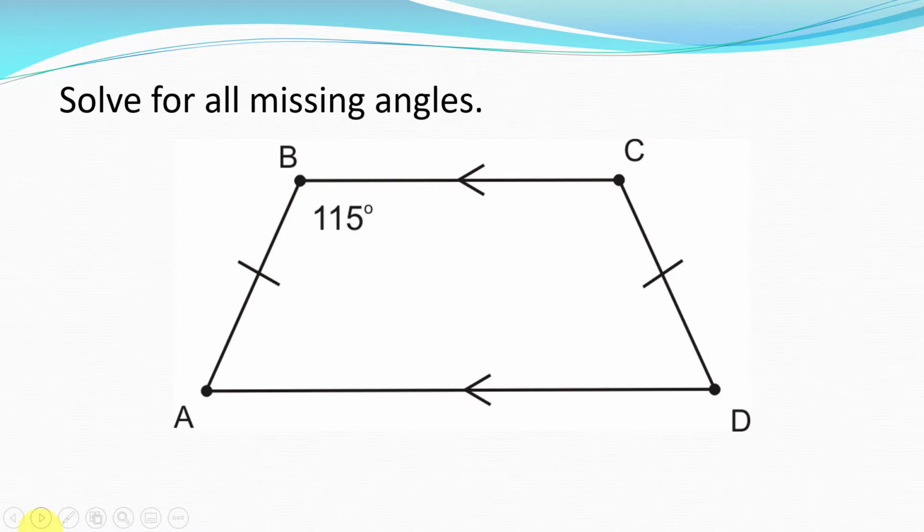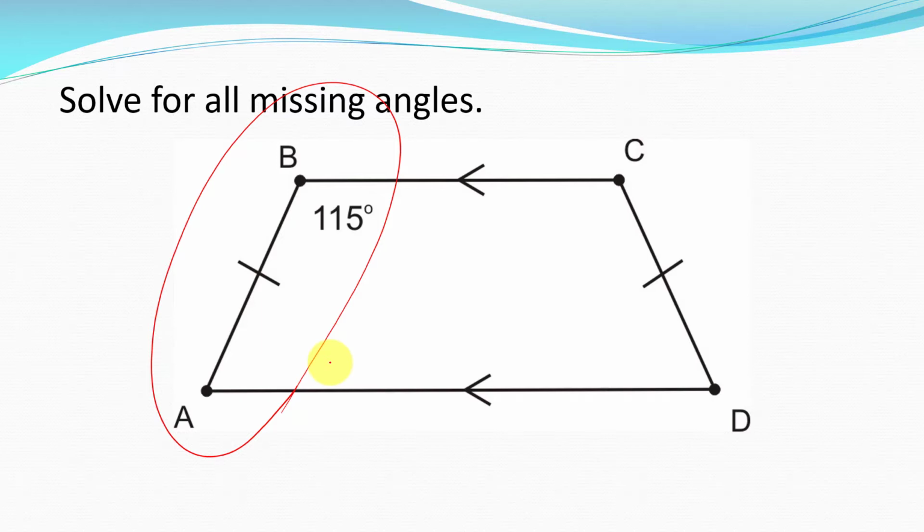All right, so in this case, we know it's an isosceles trapezoid. The opposite sides, the legs, are congruent, and the bases are parallel. So we can use the property of trapezoids that says the angles between the legs would be supplementary.